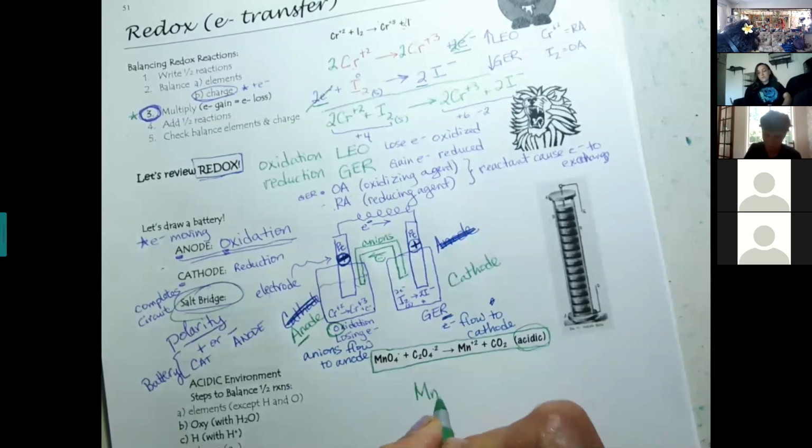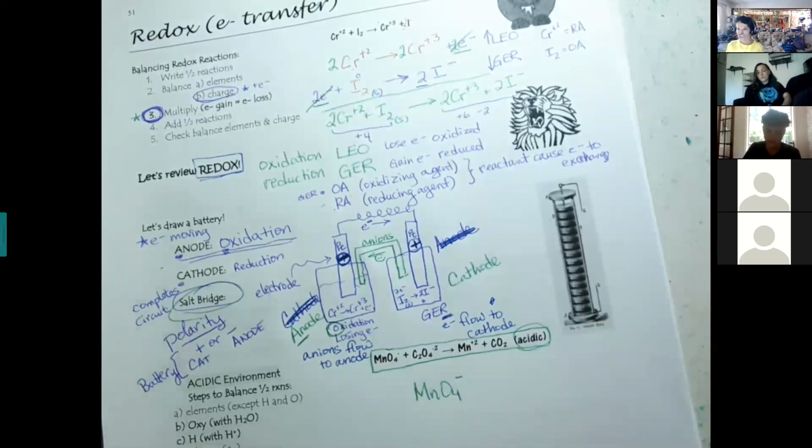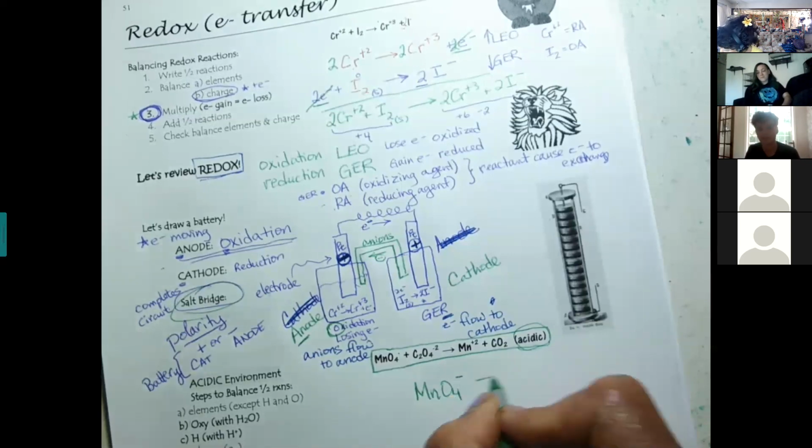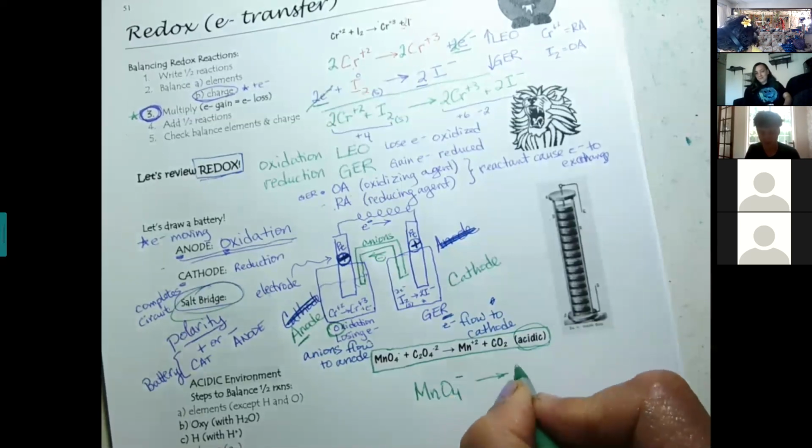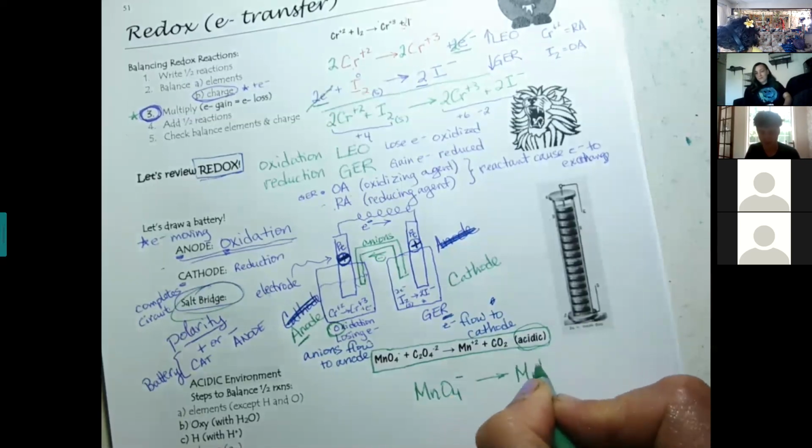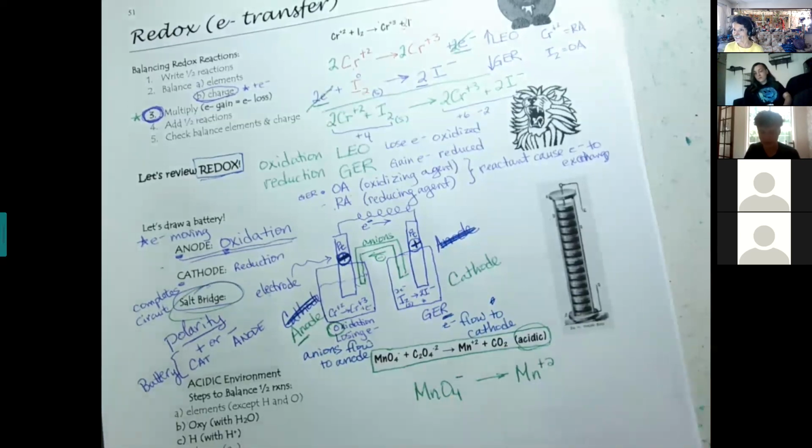So the MnO4, that is a negative charge. Anybody remember the name of that ion? Your teacher does. Permanganate. It's purple. It's really nice. You can do some really cool demos with it because it is a really good oxidizing agent.